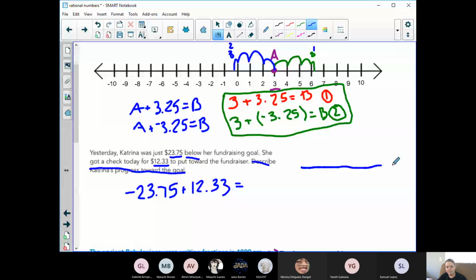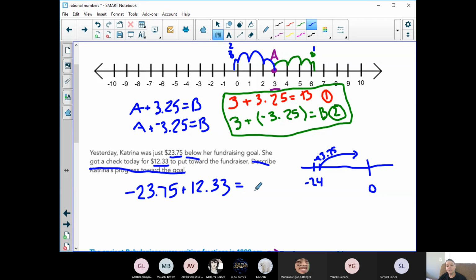So if I have my number line and this is 0, and let's say this is $24, and we are right here at $23.75. And I add money to this negative. Okay, this is negative. I'm going to be moving this way towards 0. Okay.